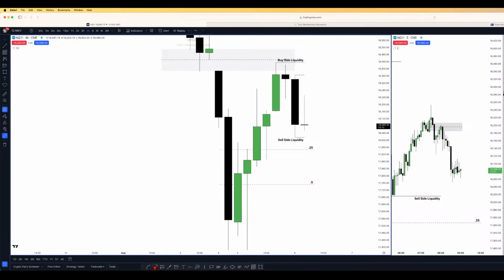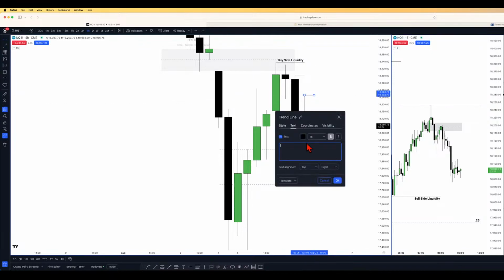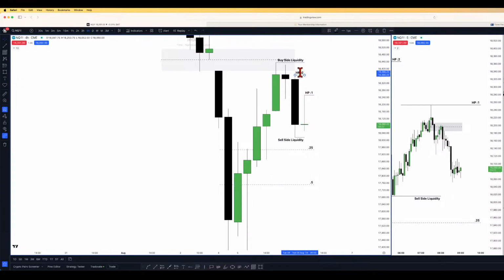All right, so this current candle's high is going to be the high probability target one. Once price shows reversal, this candle's high is going to be the target two.